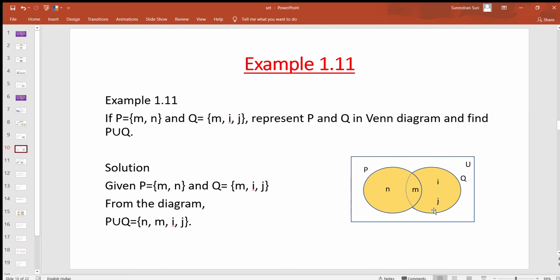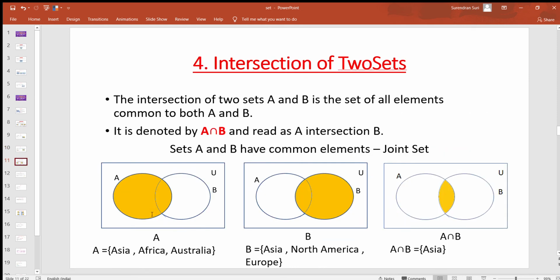This is the union. So it includes N, M, I and J. So the set of N, M, I and J will give you P union Q.